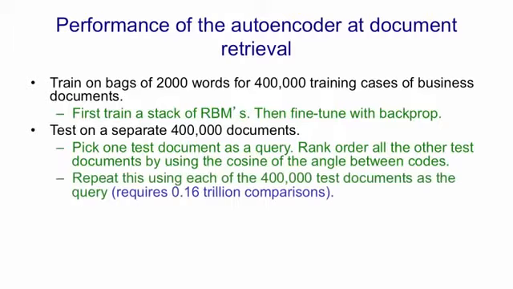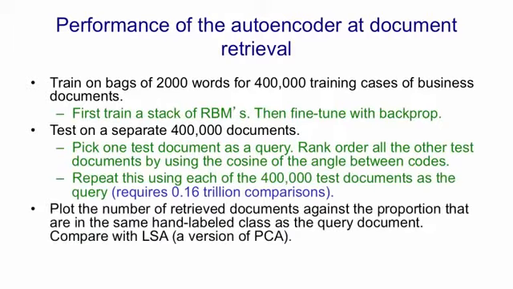You repeat this for each of the 4000 possible test documents, and then you plot the number of documents you're going to retrieve, that is how far down that ranked list you're going to go, against the proportion that are in the same hand-labelled class as the query document. This is not a very good measure of the quality of the retrieval, but we're going to use the same measure for comparing with LSA, and so at least it's a fair comparison.